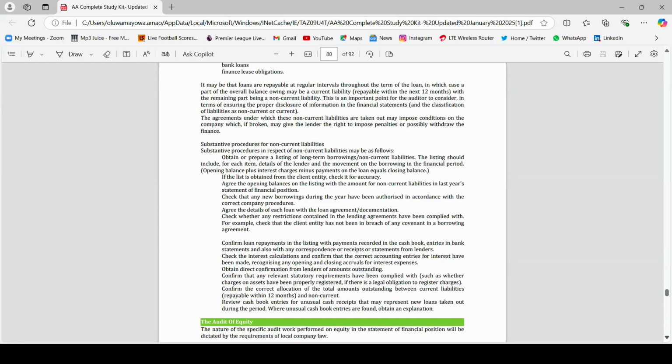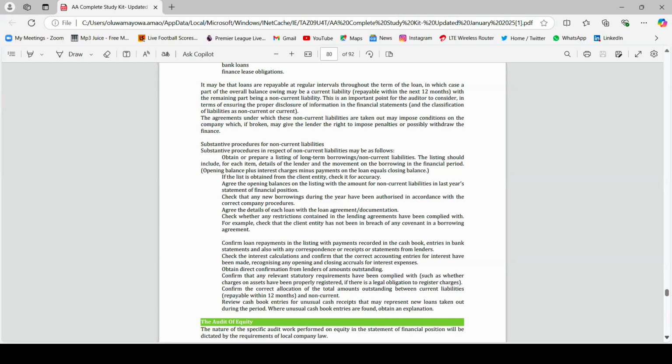So in an exam, when you see the question talking about the client has collected a loan and the client is owing this, what should the auditors do, what audit procedure should be carried out to test that there is no material misstatement? This is what the examiner is looking for. Obtaining a list of all the loans. The listing should include all the loans in the business, all the borrowings.